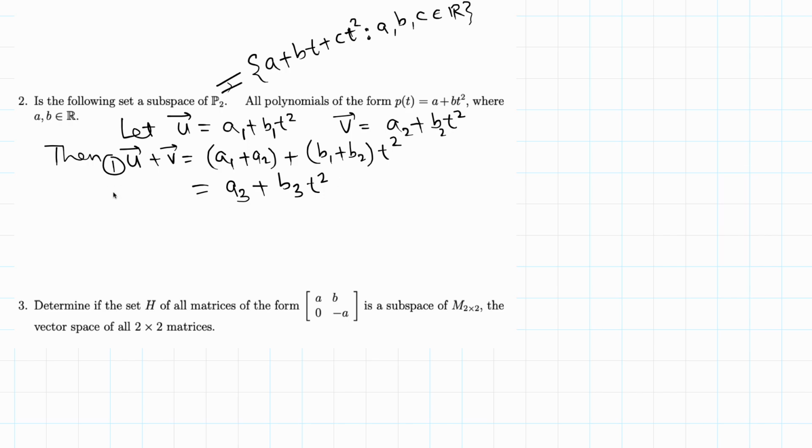And also, let's multiply this u by a real number.